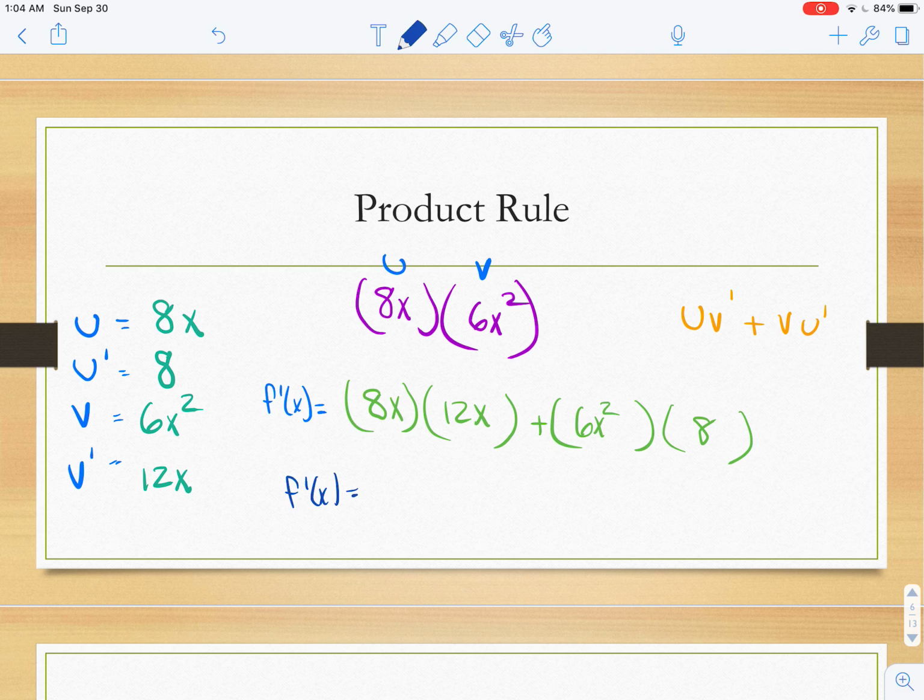Let's write these on the sides, u prime, v prime. Our u is 2x plus 7, and our v is x squared plus 4.